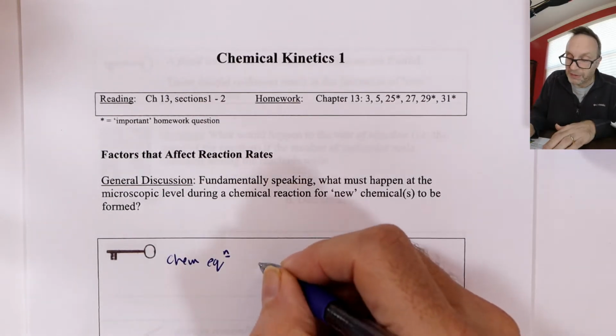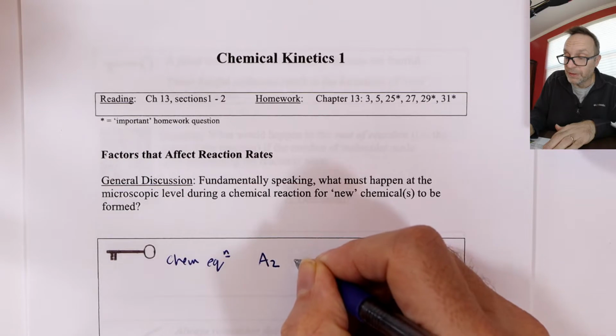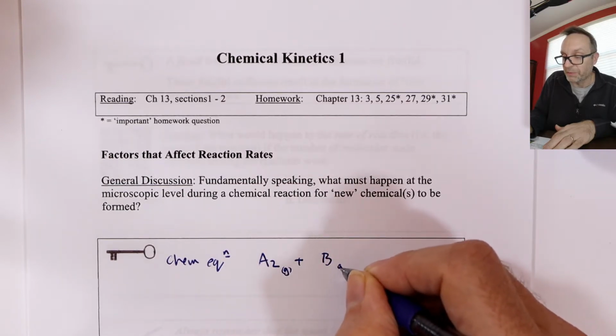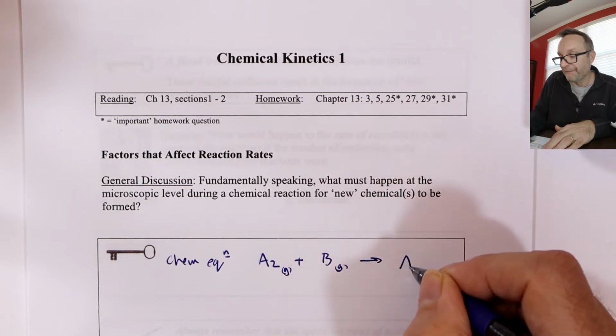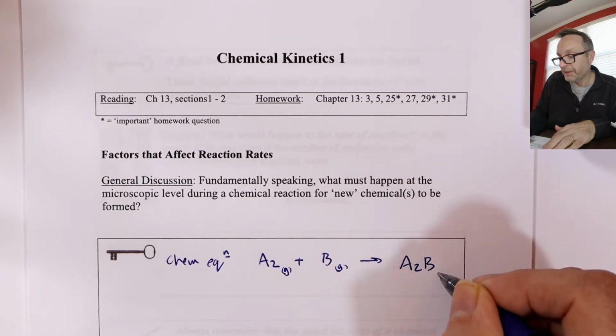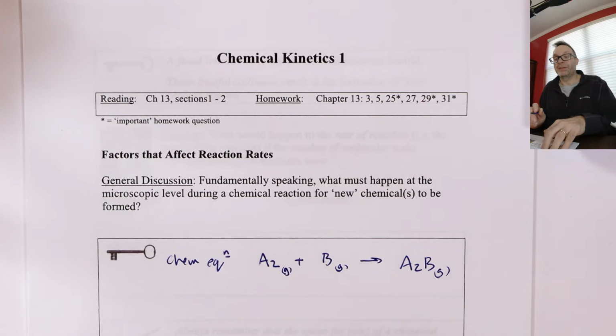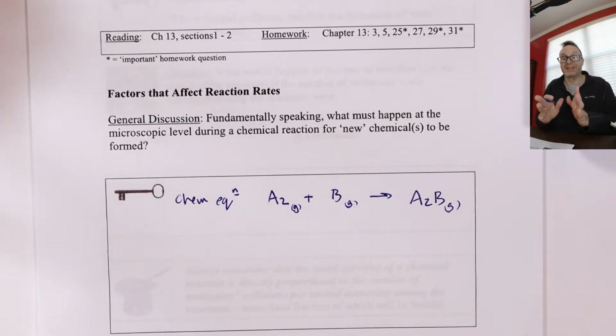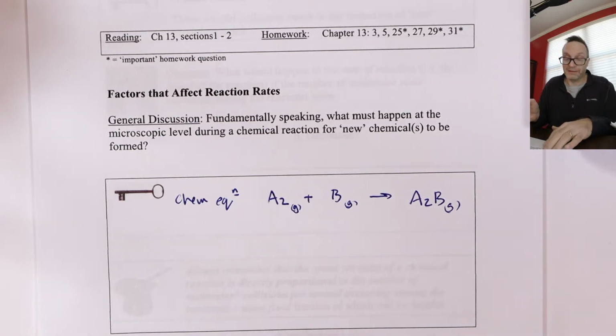So if I have something simple like A2 plus B, maybe we'll put them in the gas phase for reasons we'll talk about, turns into A2B. So there's a balanced chemical equation. We'll talk about reaction mechanisms later, but if this was a very simple, what we call unimolecular step, just the things bumping together, what would that look like on the molecular level?